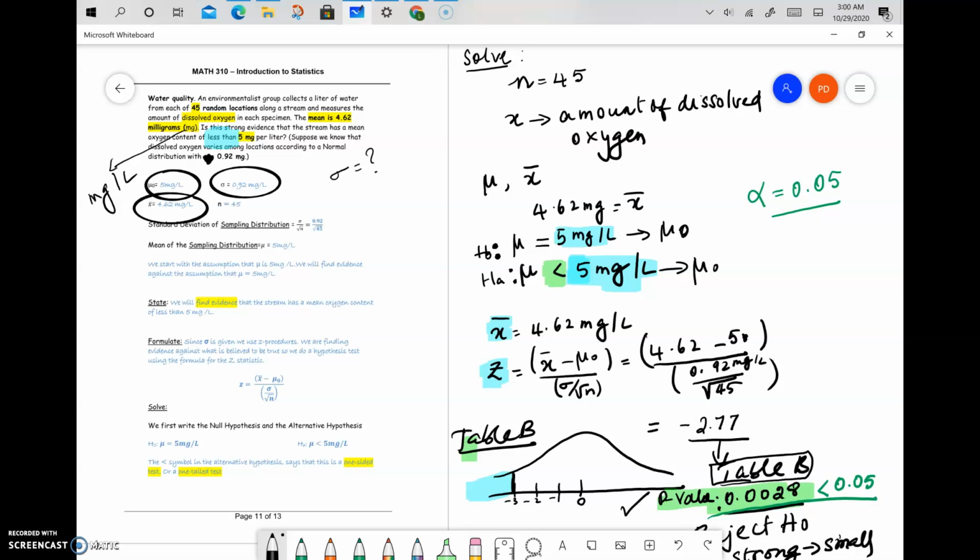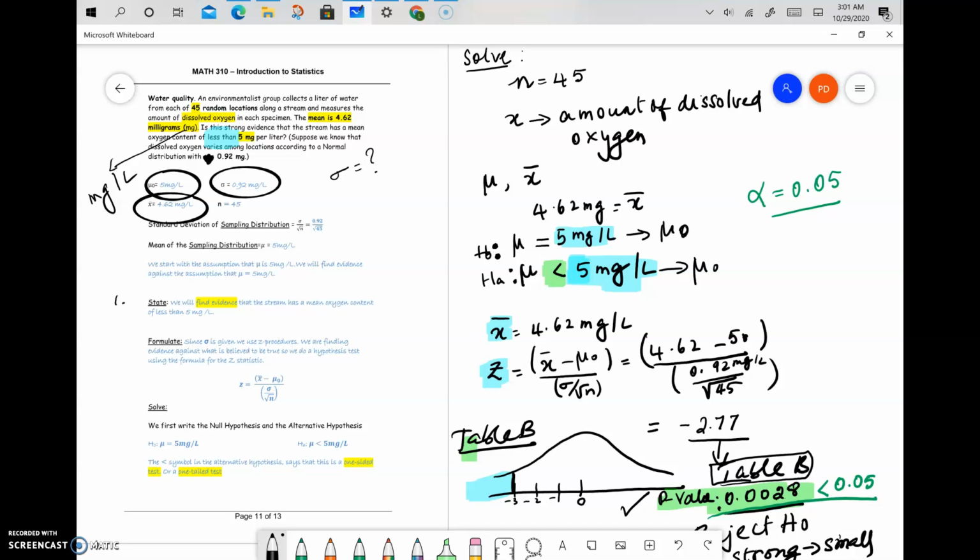So how does the 4-step process work? The first step is about writing a clear and concise statement about what the question is asking us to do. The question says, is there evidence that the stream has a mean oxygen content of less than 5 milligrams per liter? So that's the question we're trying to answer.